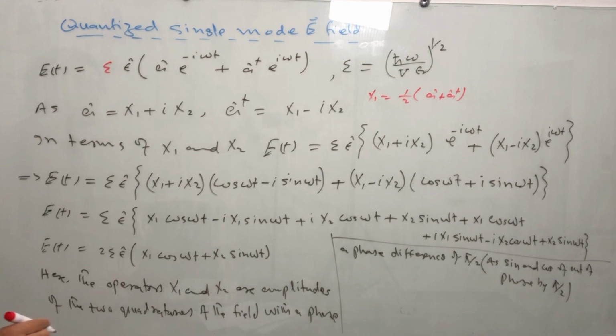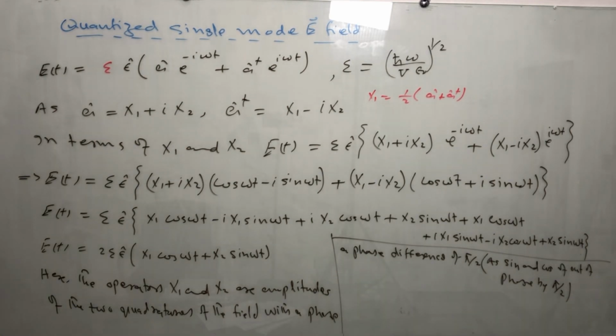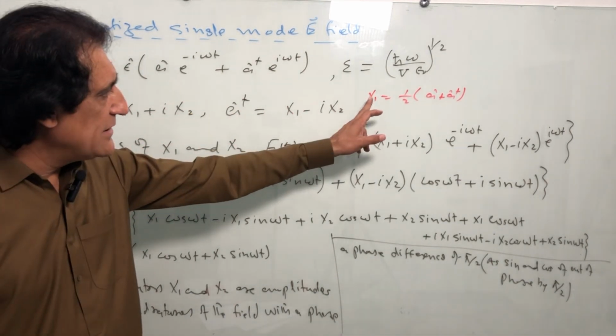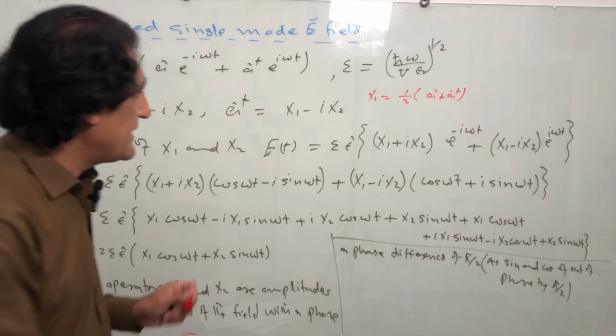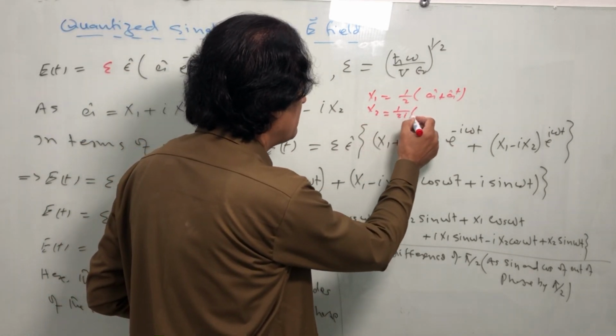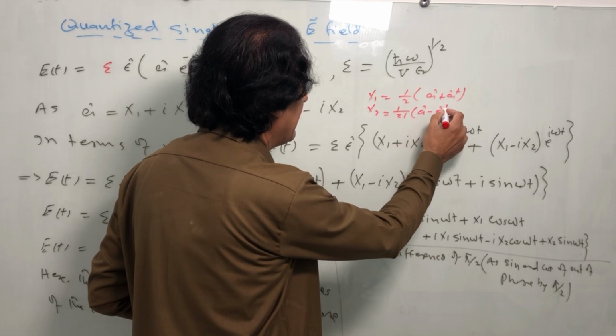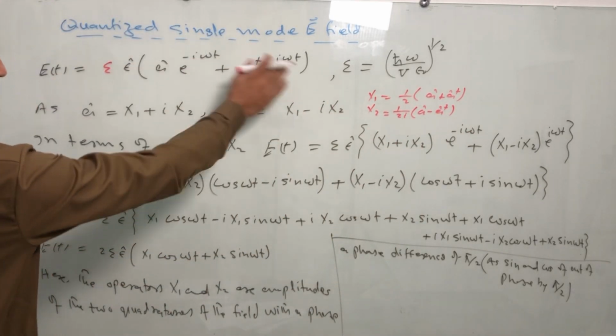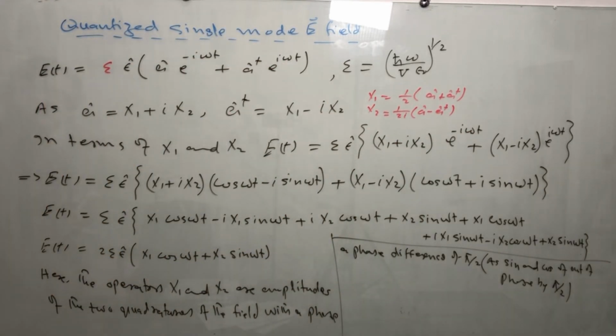In a previous lecture we have written the value of x1 as this, and the value of x2 is equal to 1 over 2 iota times a minus a dagger. So this can be obtained from these two equations.